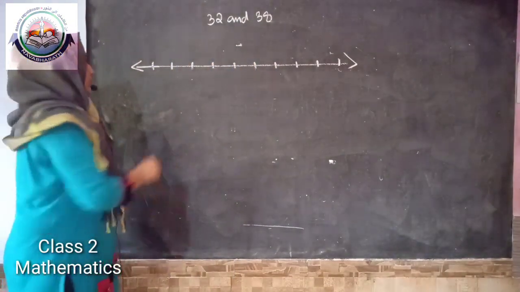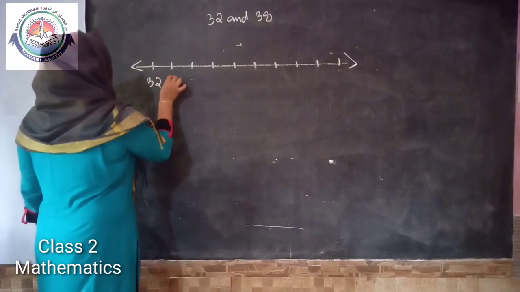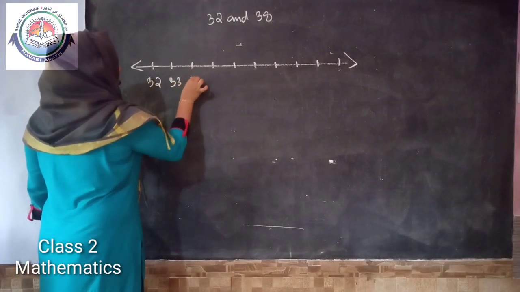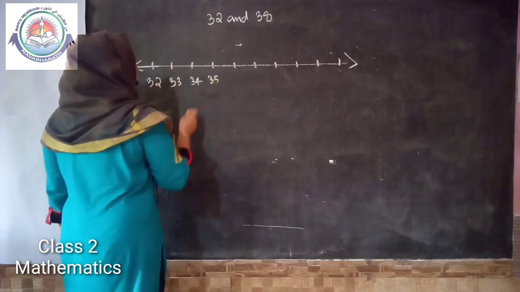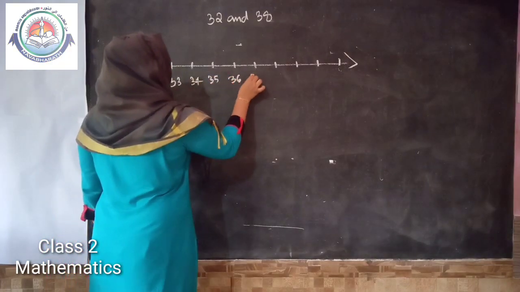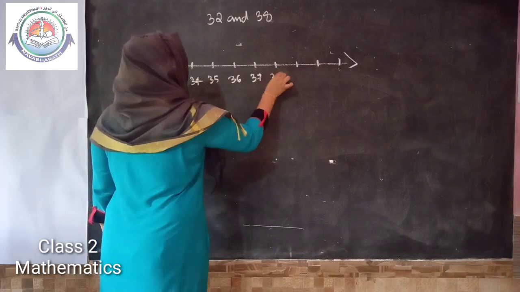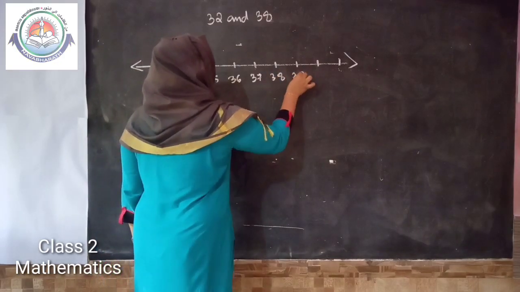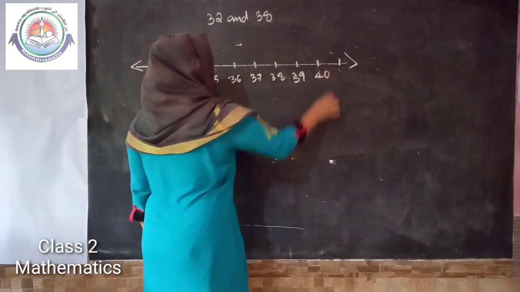Here I'm starting from 32, then 33, 34, 35 and 36, 37, 38, 39, 40.